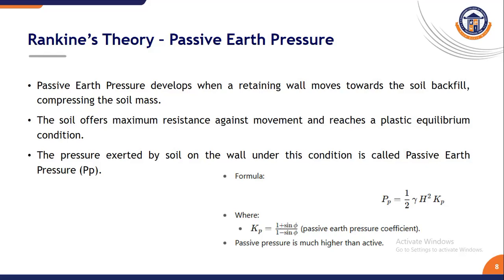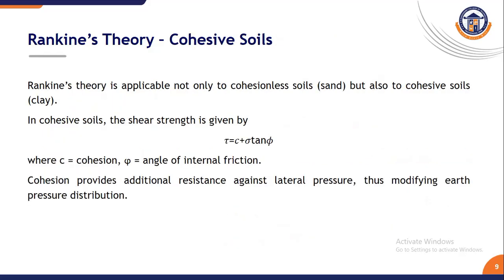It is denoted Pp. And Rankine's theory with cohesive soil, the formula is tau is equal to c plus sigma tan phi. Here c is the cohesion, that means the shear strength of the soil we need to calculate, and phi is the angle of internal friction. Right.